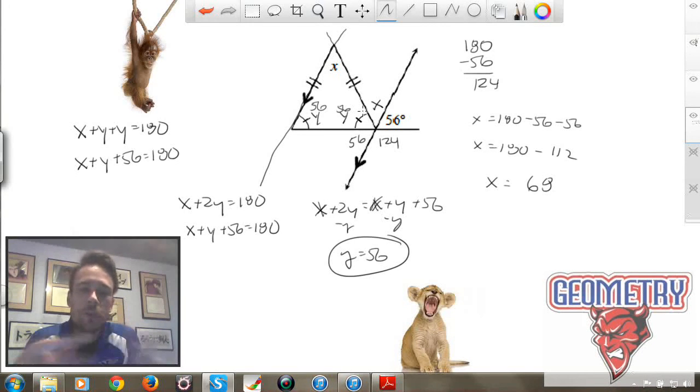Once we were able to relate those together in two different ways, one using triangle sum and another using supplements, we could create two equations. Once we have two equations and two unknowns, it's just like a system, so we can solve it using substitution, which is what I did, or linear combination, which allowed us to get one variable, and we could plug that back in to get the other variable.